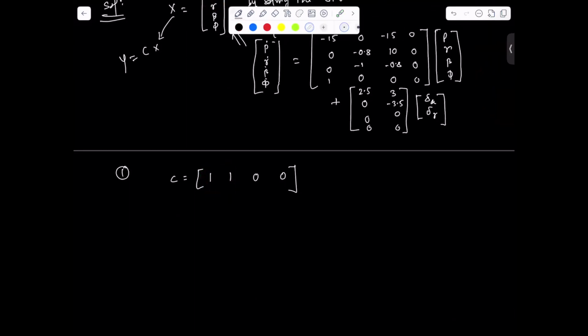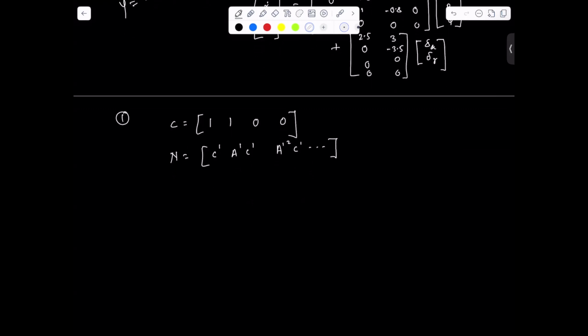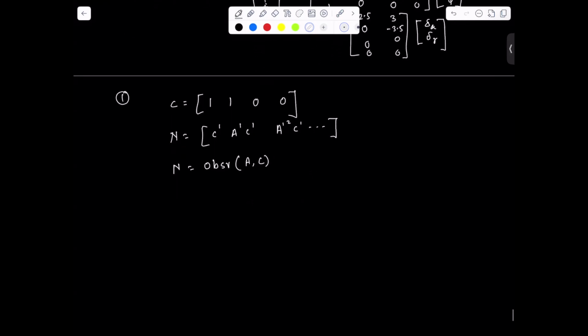Now we can form the observability test matrix N equal to C transpose, A transpose C transpose, (A transpose) squared C transpose, and so on. We can find this N matrix in MATLAB: N equals obsv(A, C).